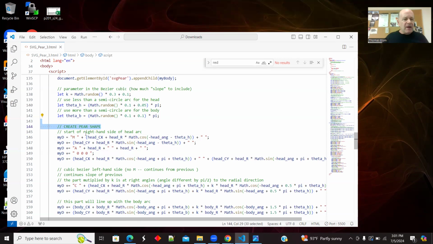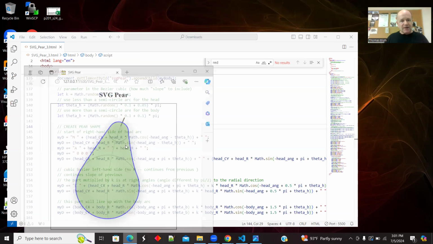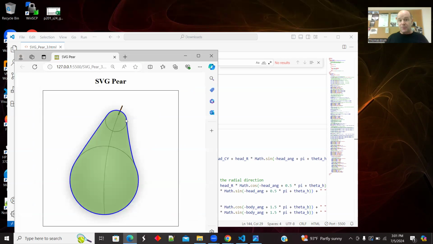Okay, M is where I start, and I'm going to go vertically horizontally the center of the head, and I'm adding the radius times math cosine. And I'm subtracting off a little bit of the angle. And then I also have the negative of my head angle in there because I'm not completely vertical. And then the same thing for y, and that's my starting point. So that's somewhere over here.